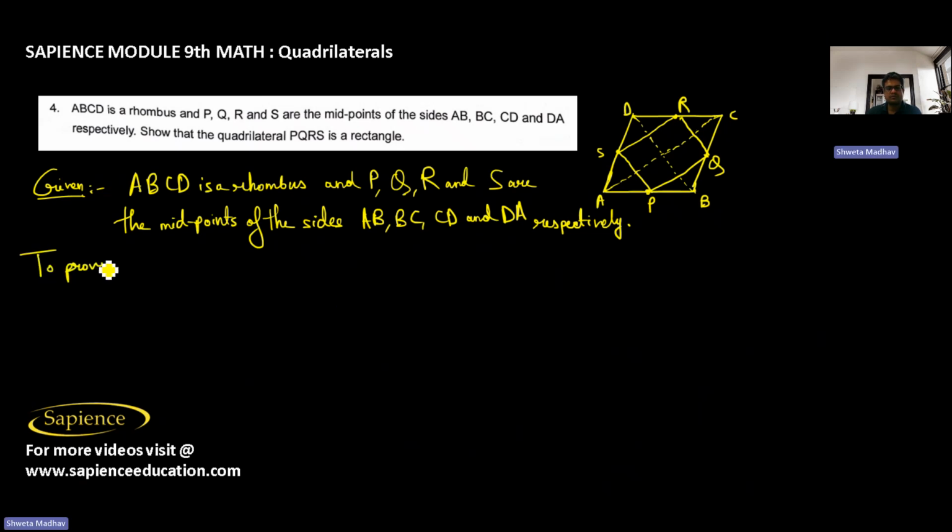So we have to prove that PQRS is a rectangle.